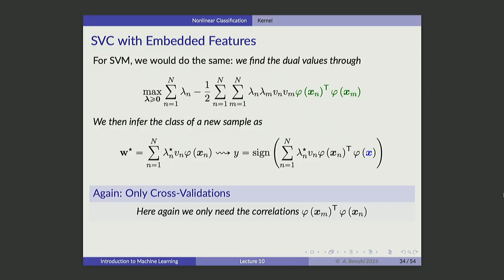This inner product is what we call the kernel of that feature space. If I know the kernel, which is a scalar function, it's enough for both training and classification. Everybody's cool? Questions on that?